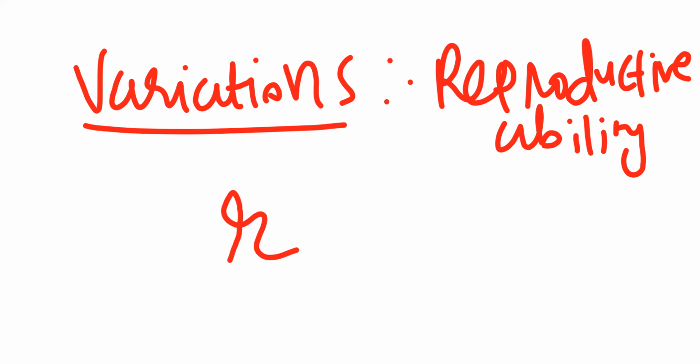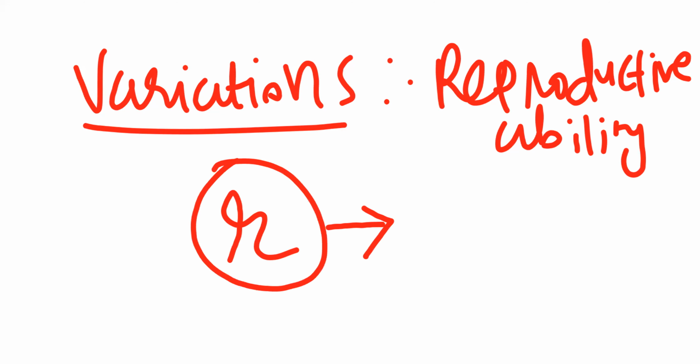Next, logistic: dN/dt equals rN in bracket K minus N upon K. Remember this r. r stands for what? Write down. r stands for what?